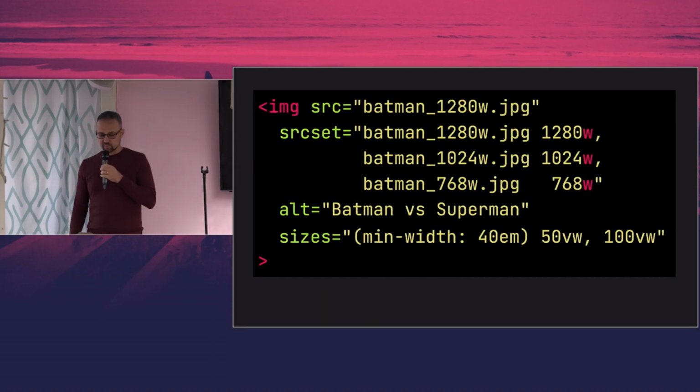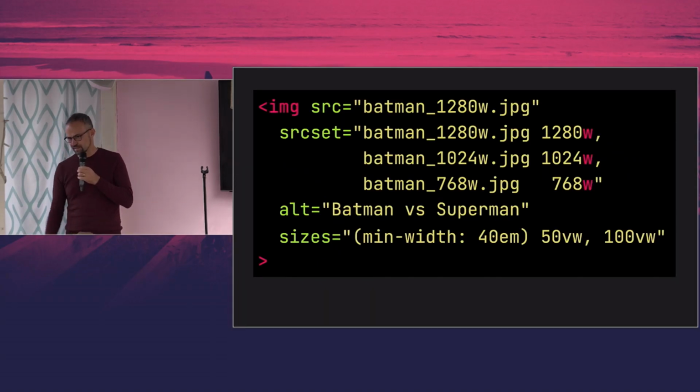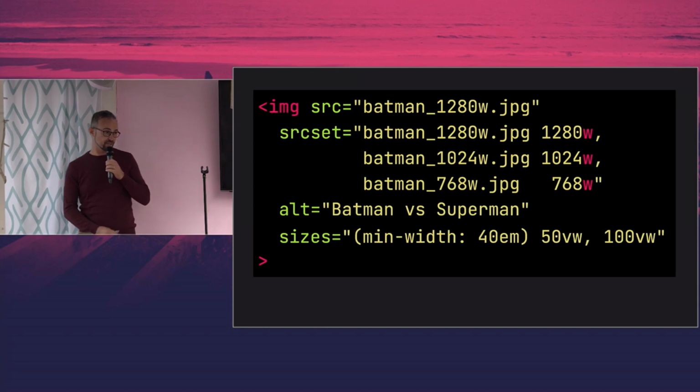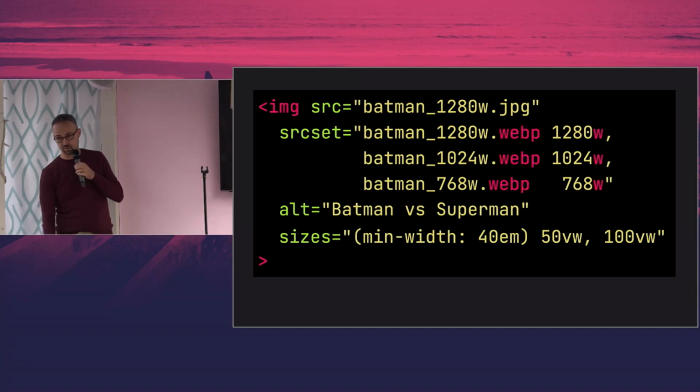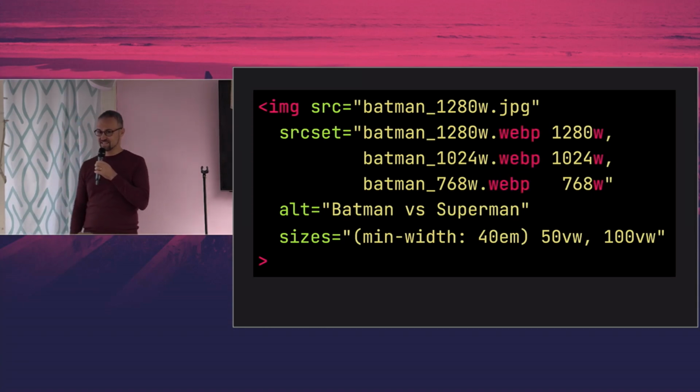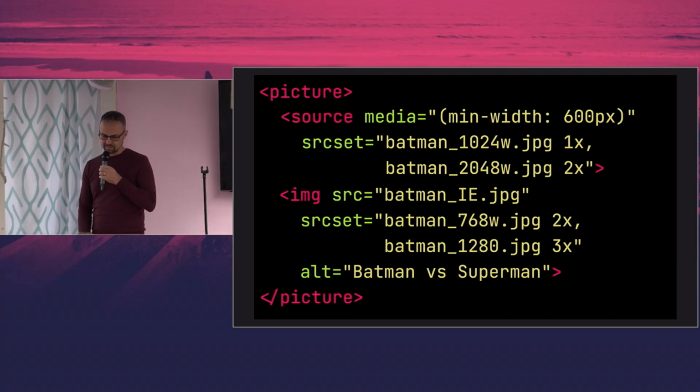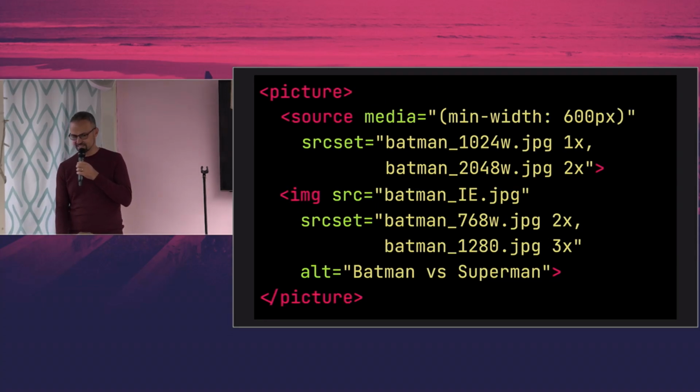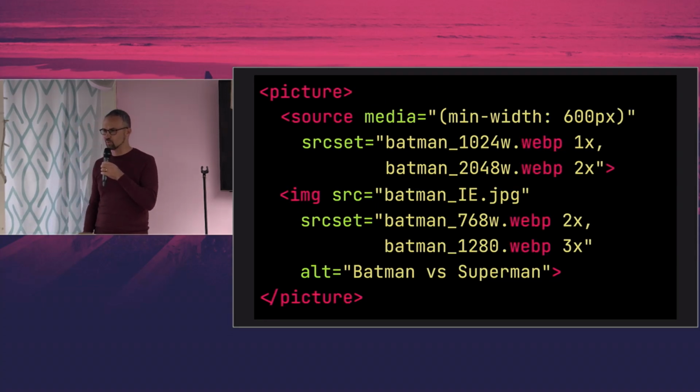And in the present, we have this HTML that I've shown you. The only thing that changed is that now we can use WebP format. 7 years after. And in the picture tag, same. We have now WebP. Wow. Many changes.